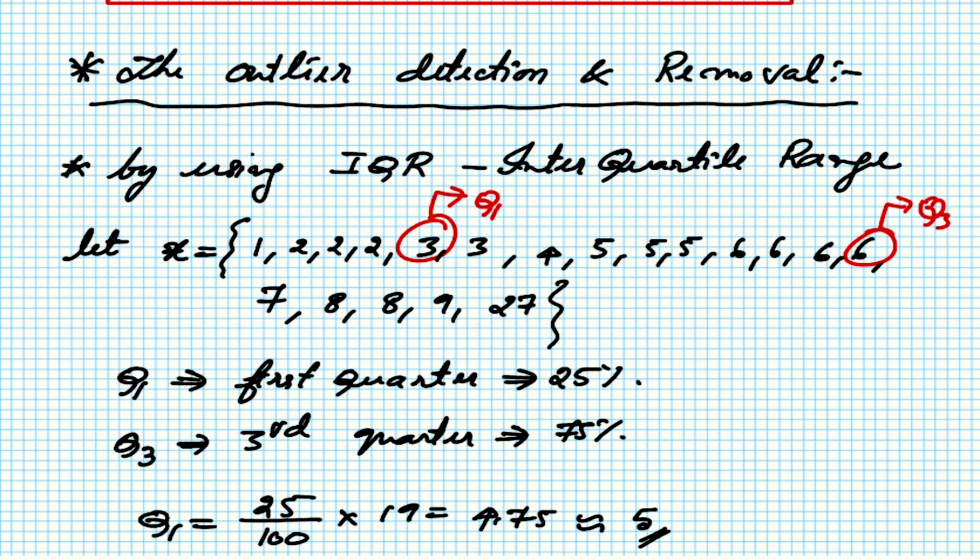So outliers can exist on both sides of your data set whenever you arrange it in ascending order. So first thing is clear, there is no number which is lesser than minus 1.5, so I am not detecting any outlier on the left side.